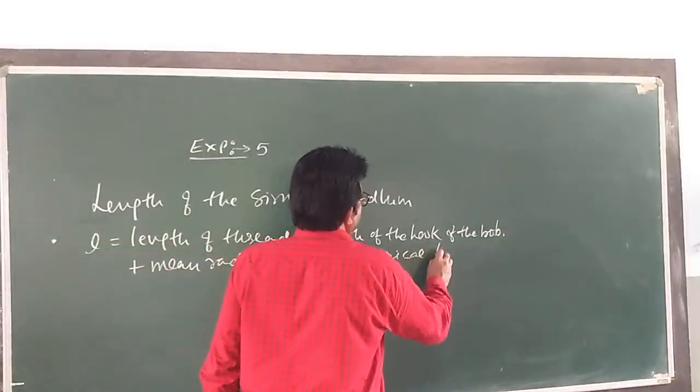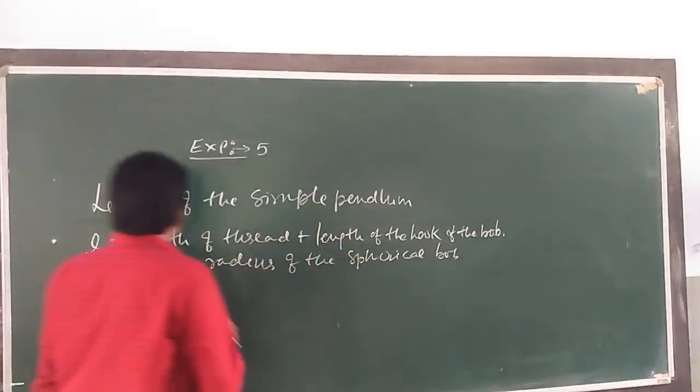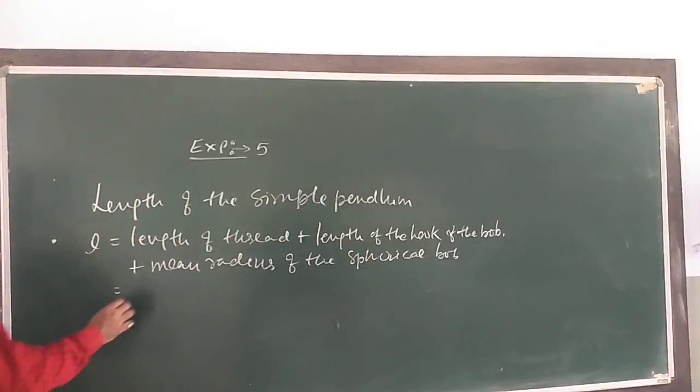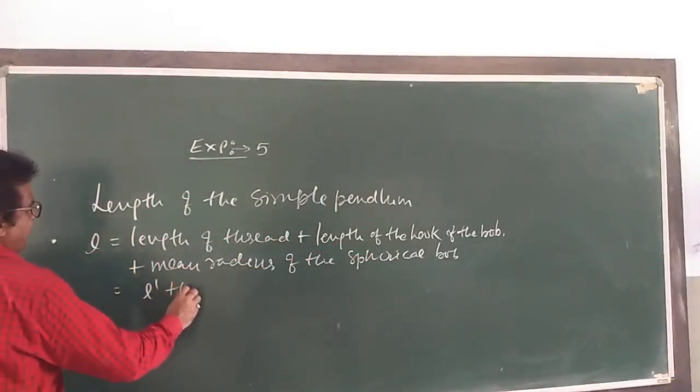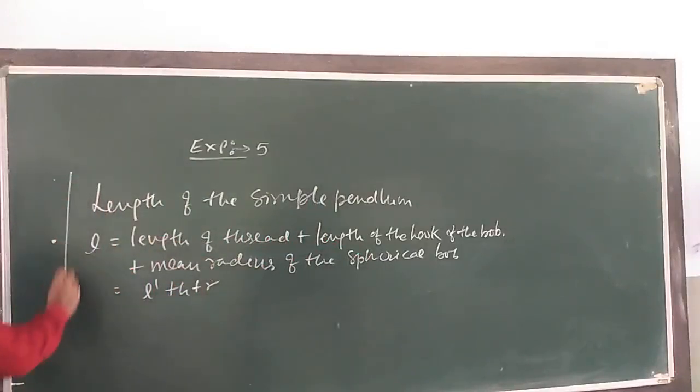These main three things are there. You can say L dash plus H plus R. This is the main theory part here.